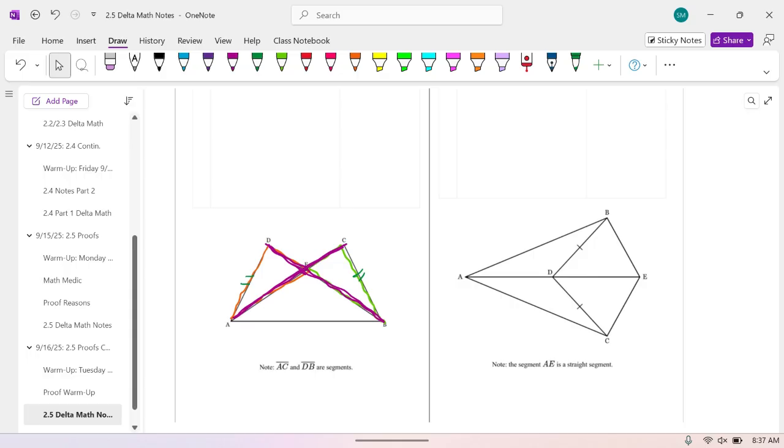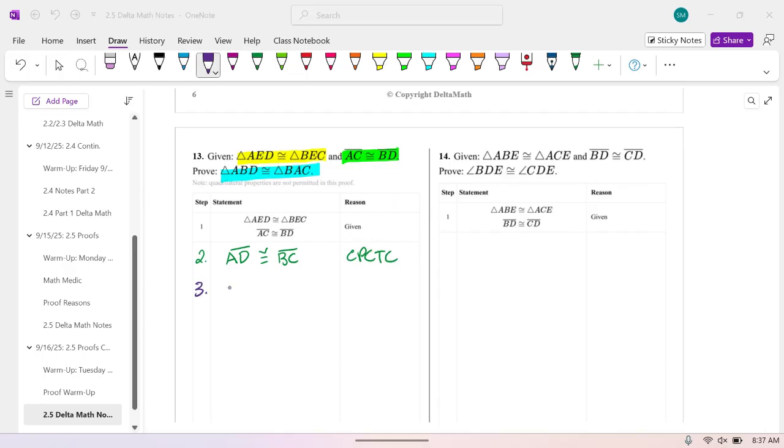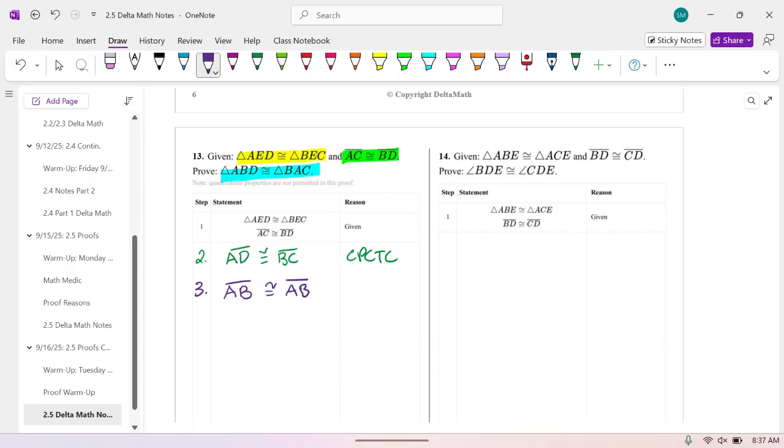Okay, let's say side, side, side. So that means we need to prove that AB is congruent to AB. Well, that's easy. What is it? So I can prove that AB is congruent to AB. Why can I prove it that way?